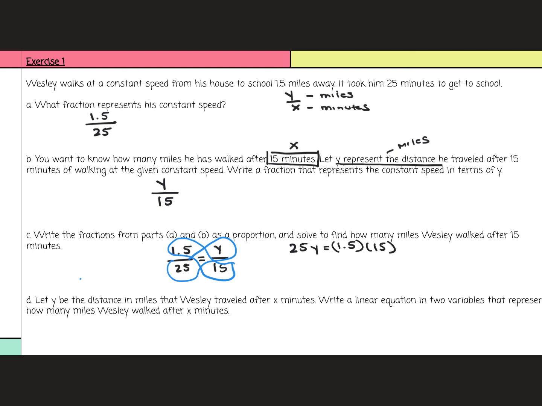Multiplying 1.5 and 15 together, we get 22.5. Divide both sides by 25, and we get that y is equal to 0.9. So based on this, we know that Wesley walks 0.9 miles in 15 minutes. And I'm just going to put MIN for minutes.